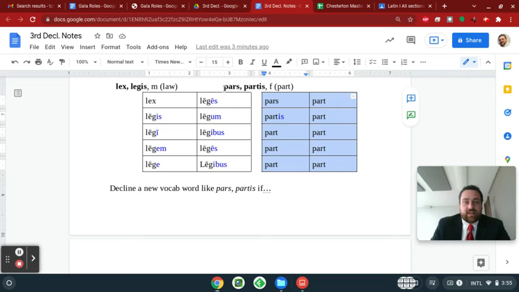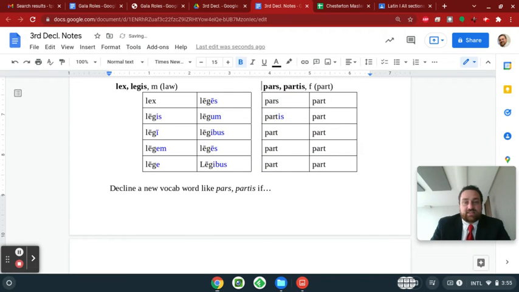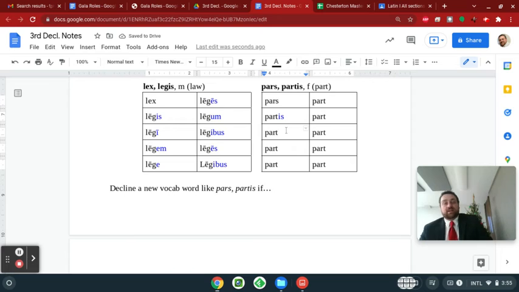And that's what we're going to talk about today. How do I know whether words get declined like lex legis, which is law, or like pars partus, which means part? So a new word I'm going to give you, and this is one of your vocab words, and I'm going to decline it fully right here in your notes, okay?